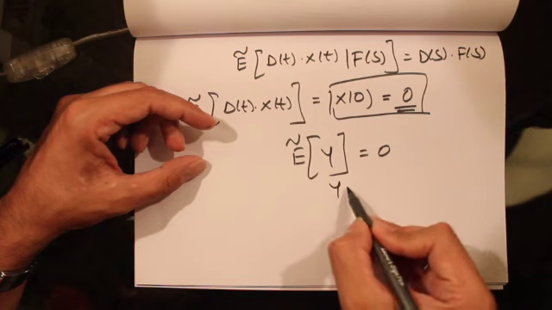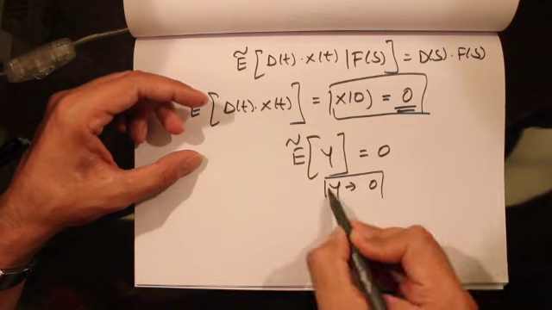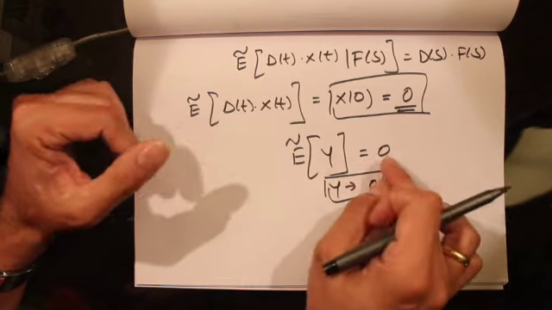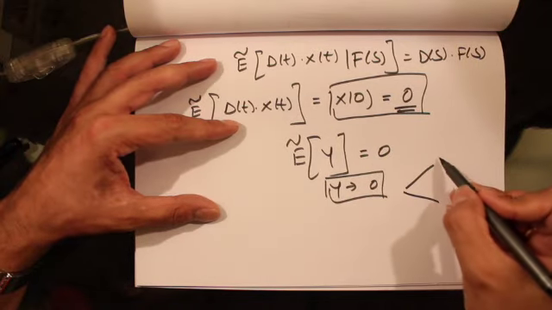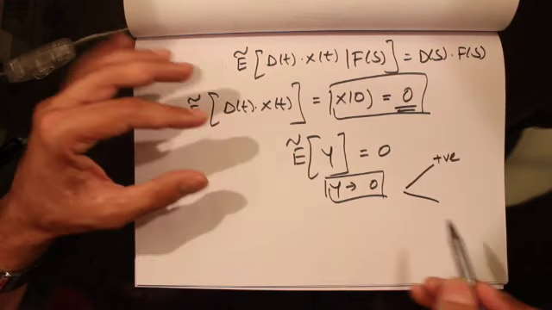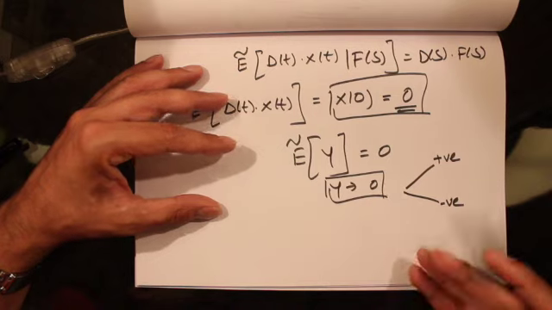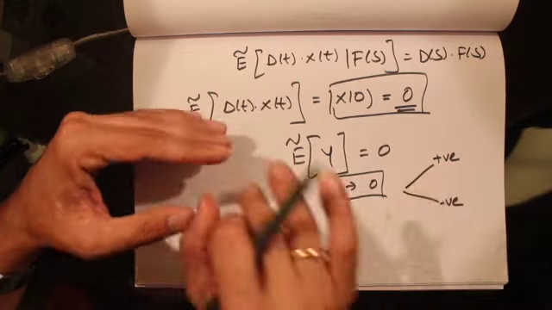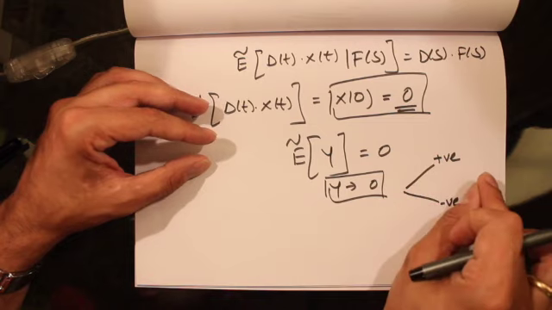Either Y is 0 almost surely, then we get expected value 0. Or if there is a probability of Y being positive, then there has to be a probability of Y being negative as well. Only then, when we take the expected value, do we have a chance of cancelling it out and getting expected value equal to 0.